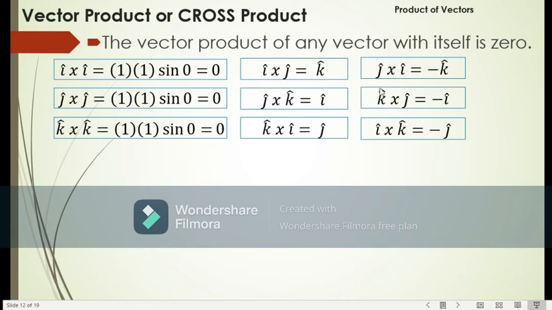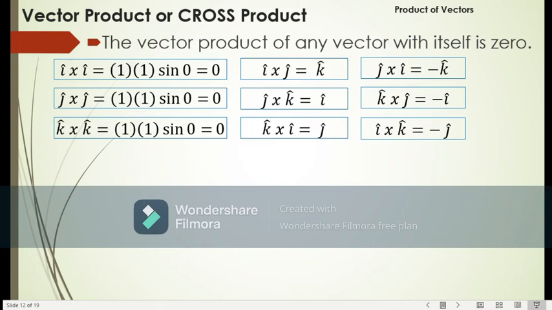However, if we change the position of the vectors being multiplied, such that I cross J becomes J cross I, it will give a negative answer, which is negative K. K cross J will give us negative I, and I cross K will give us negative J. So again, if you are multiplying vectors using a cross product, it is very important to take note of the positions of the vectors being multiplied.